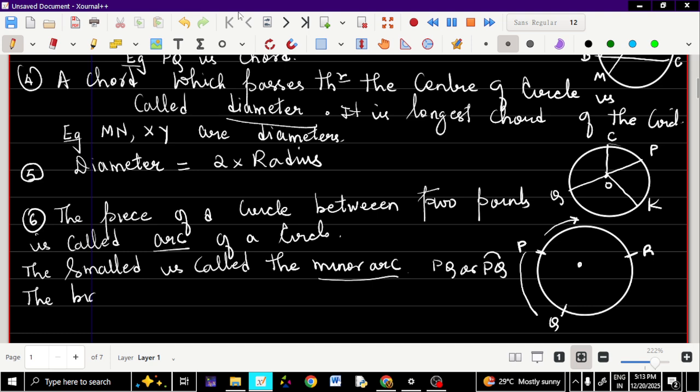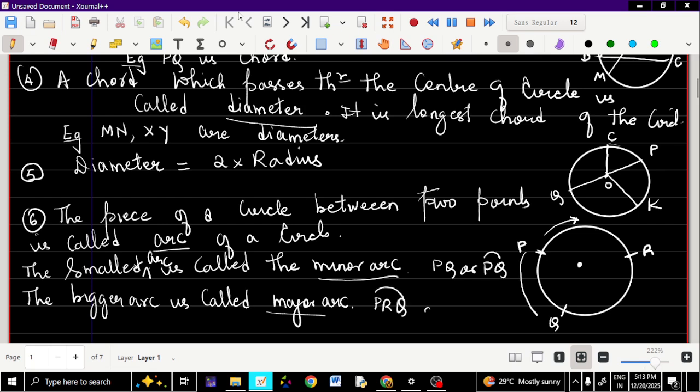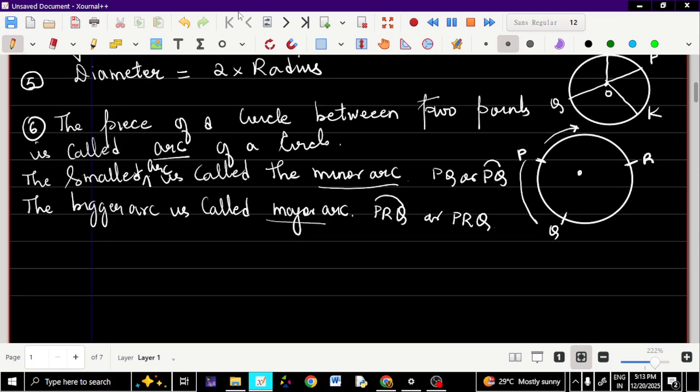So the bigger arc or the greater arc is called the major arc. In this case, the major arc is arc PRQ. So these are major arcs and minor arcs.